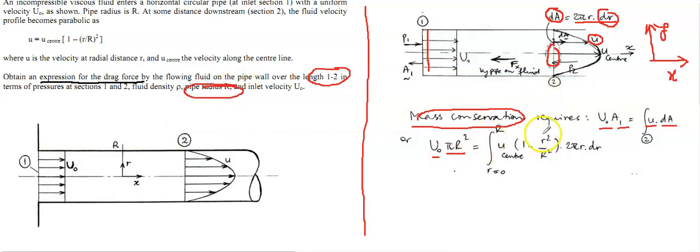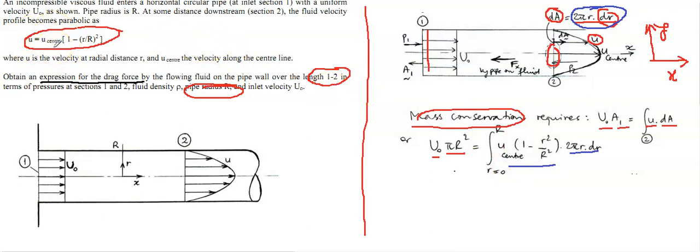But here the flow becomes fully developed, that means parabolic, and you see the velocity there is u equals u center times 1 minus small r by capital R squared. So we need to replace this u using this expression, u center times 1 minus small r squared over capital R squared, and the area is 2 pi r dr, right? So this is the area. We put this area here, and this velocity we got from the parabolic profile.